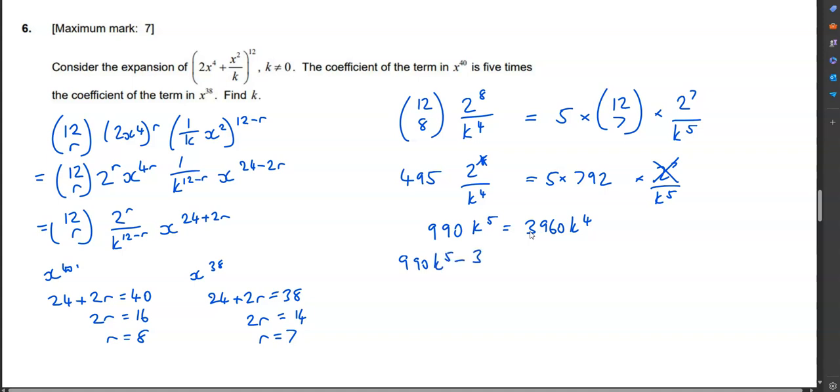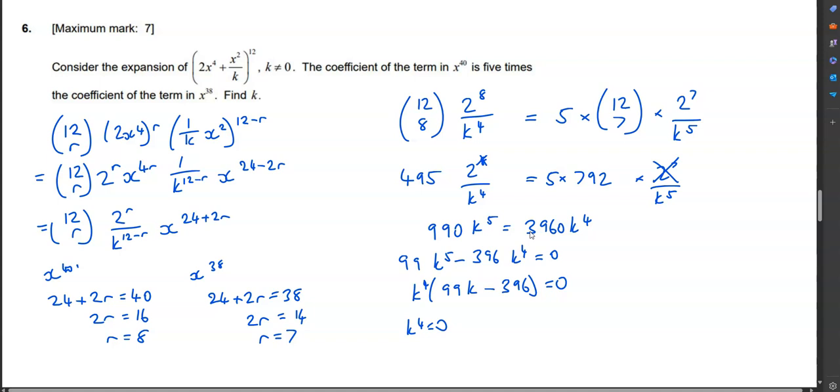990k to the 5 minus 3960k to the 4 equals 0. I guess we could divide by 10, couldn't we? I mean, at this point, really. We'll just go, sorry, k to the 4, 99k minus 396 equals 0.